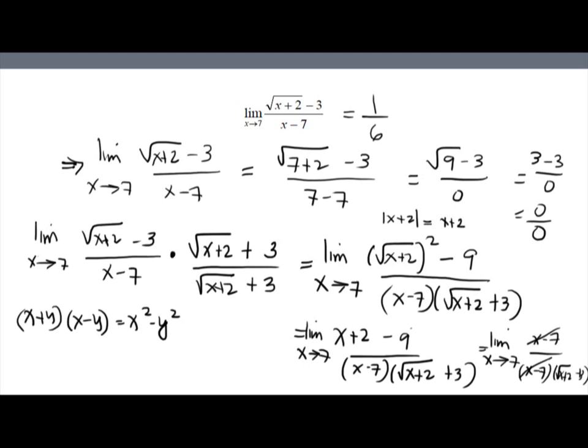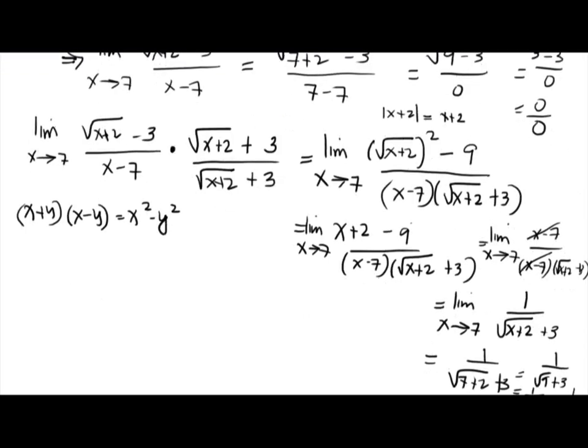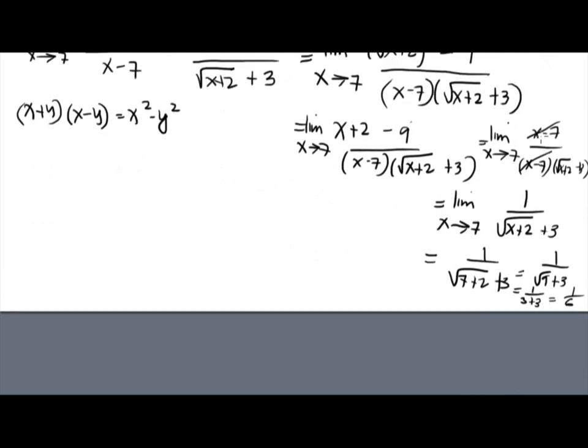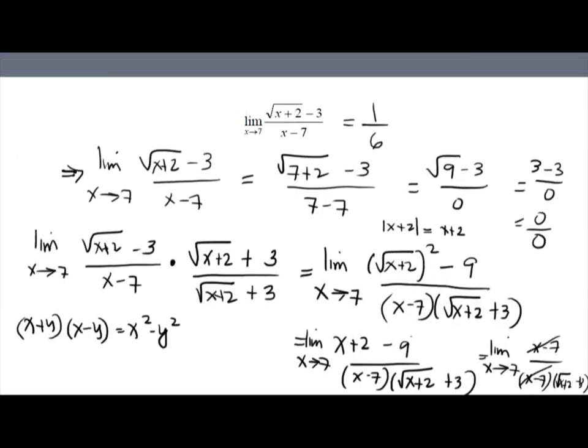That's what we did here. We simplified the expression until we were able to cancel x minus 7. And the remaining expression was 1 over the square root of x plus 2 plus 3. When you put the 7 on the x, you have 1 over the square root of 9 plus 3, and that gave us the limit 1 over 6. Okay?